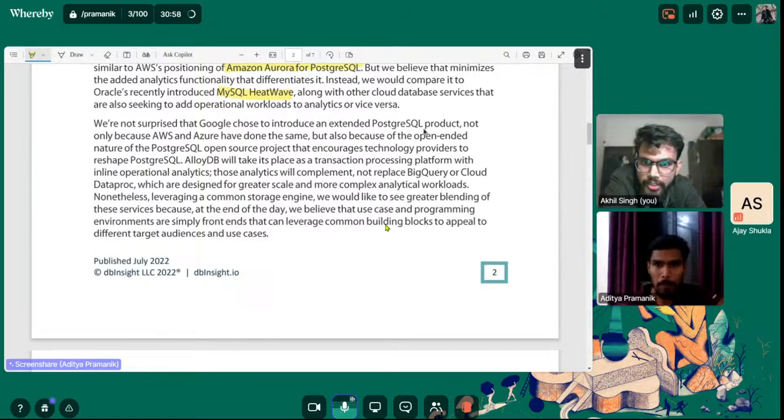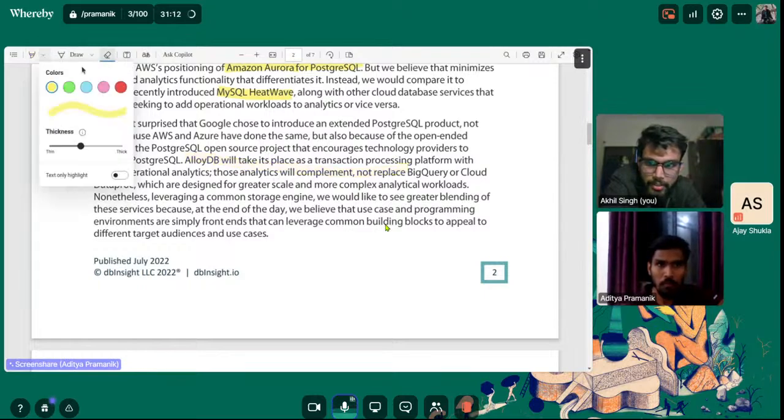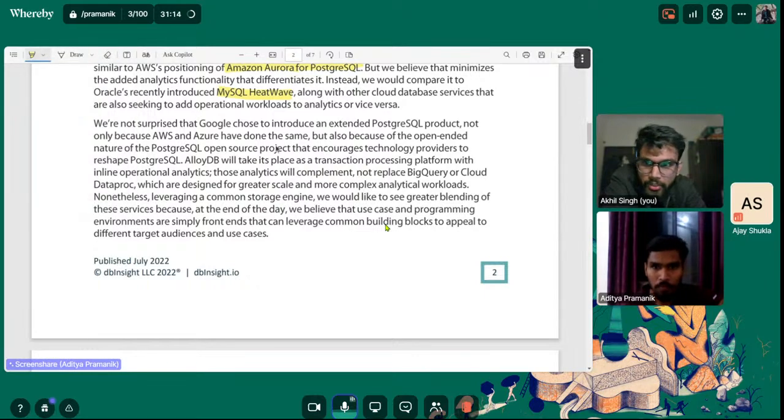So in the next paragraph, we are not surprised that Google chose to introduce an extended Postgres product, not only because AWS and Azure, since AWS and Azure are top cloud providers, have done the same, and Google is also doing that to not be left behind in the business, but also because of the open-ended nature of the PostgreSQL open source project that encourages.